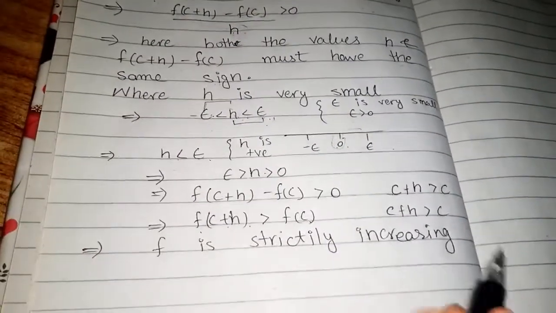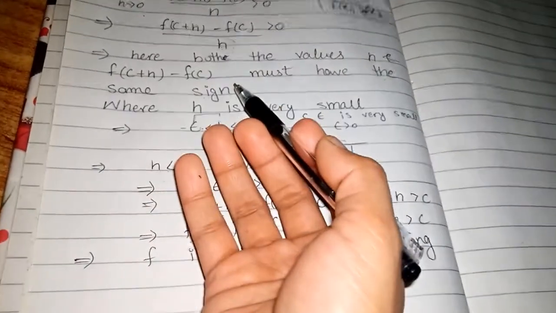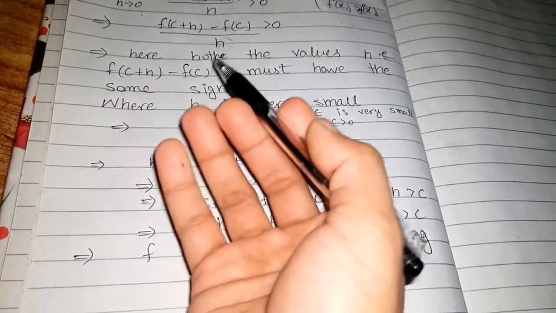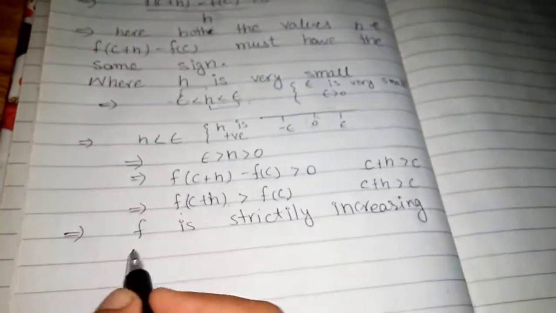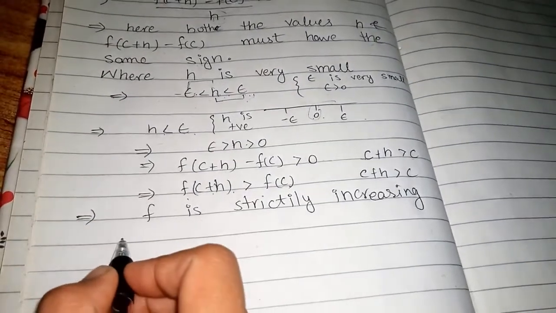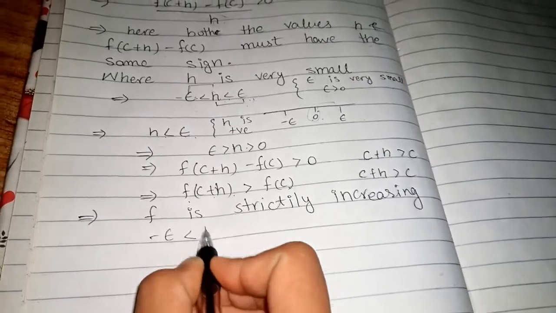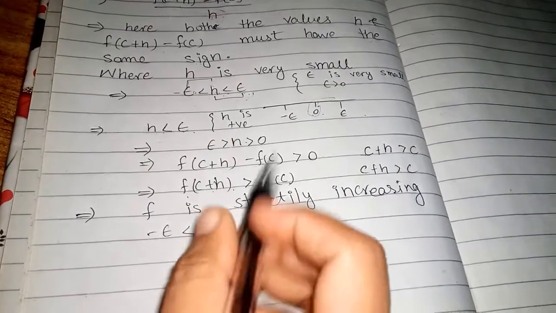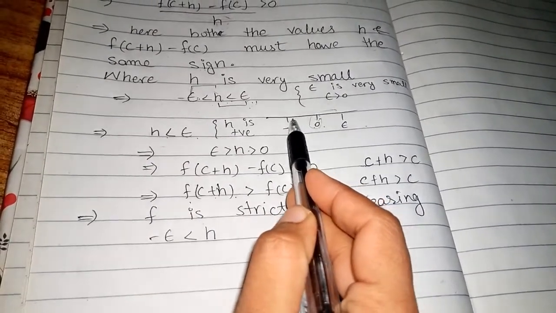Here h need not be positive, because h may be negative or positive. So for the negative case, minus epsilon is less than h, that means h is in between here.